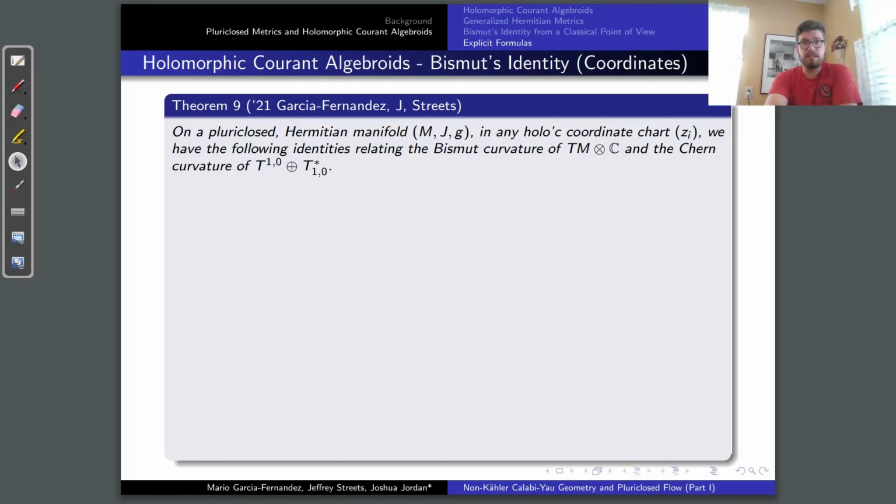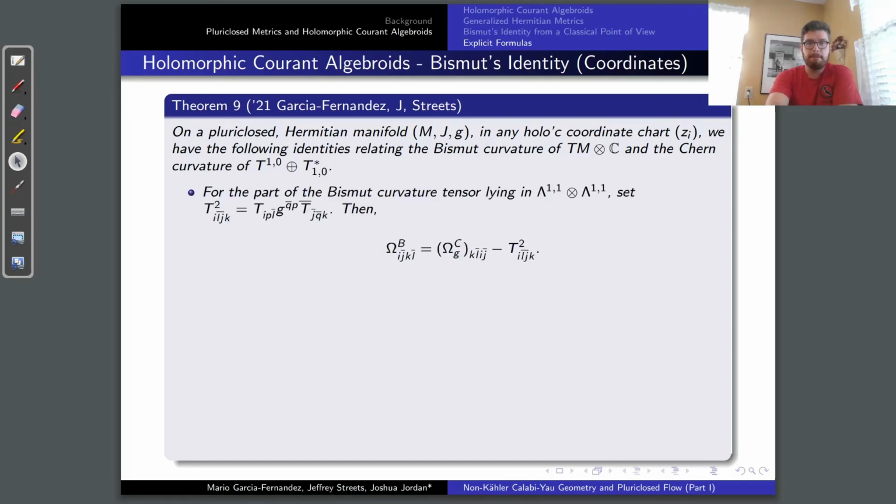We can also do this in terms of coordinates, which is pretty nice. So if we take a holomorphic coordinate chart, z^i, then we have the following identities. And again, T squared is this guy. The 1,1 part of the Bismut curvature tensor is just given this way. You apply this missing symmetry from the Riemannian curvature tensor to go from Bismut to Chern.